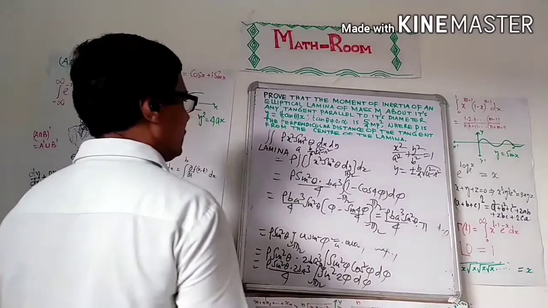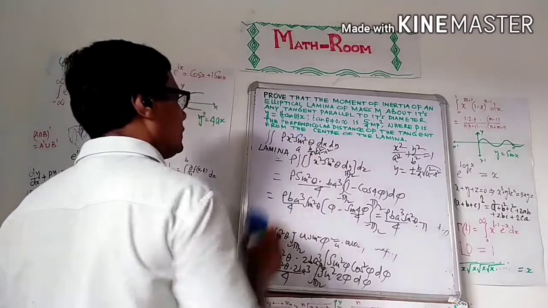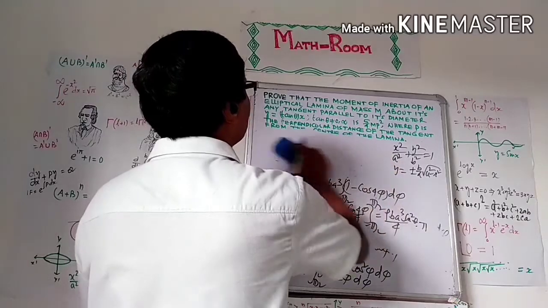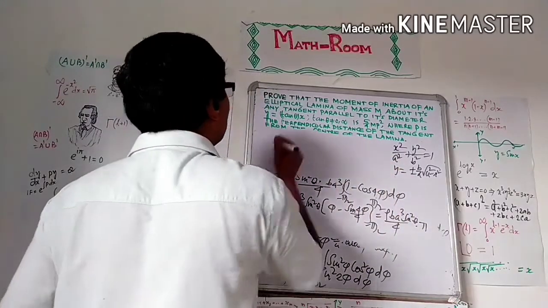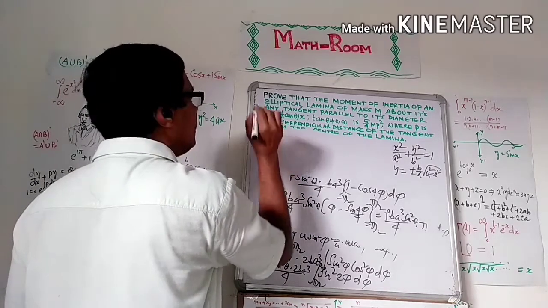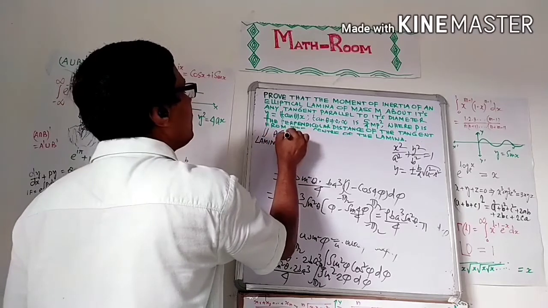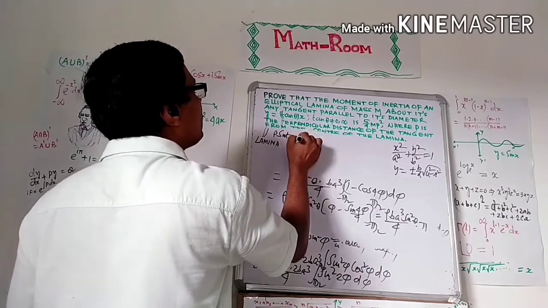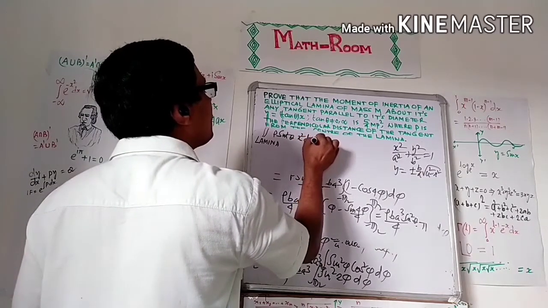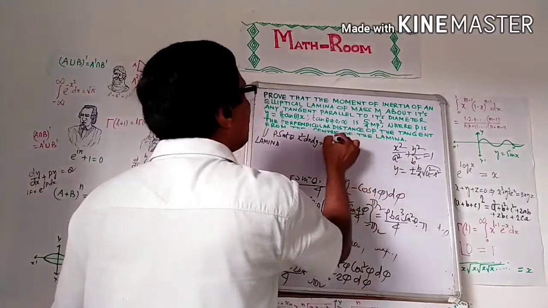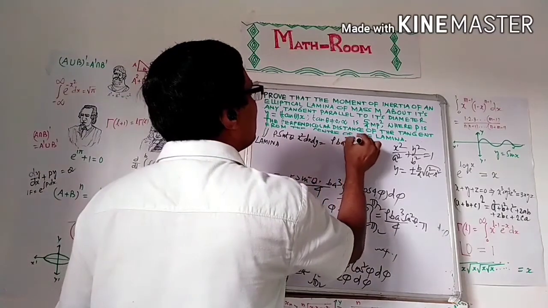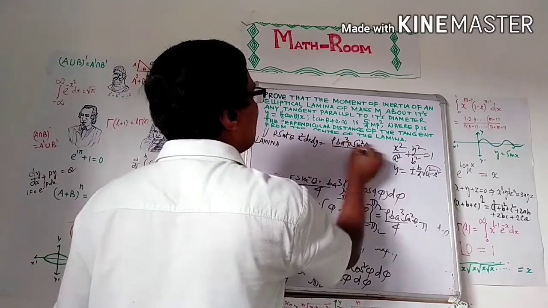So this is the integration of rho x square sin square theta dx dy. So we have got the double integration over the lamina of rho sin square theta x square dx dy equal to rho b a cube pi sin square theta over 4.